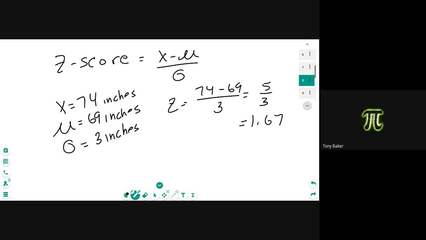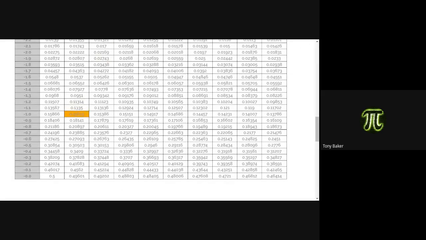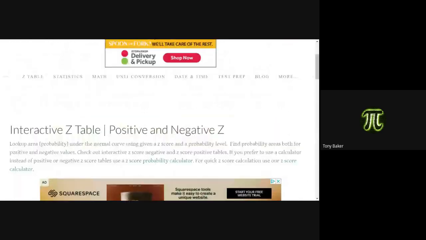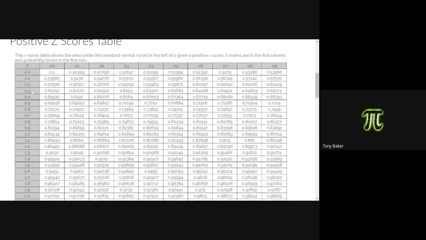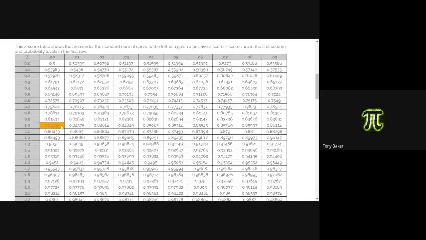Now, on the chart, go to the positive side and find me 1 standard deviation. What's the percent next to it? 0.8413, right?